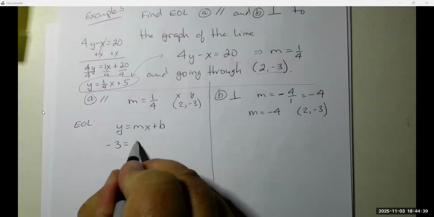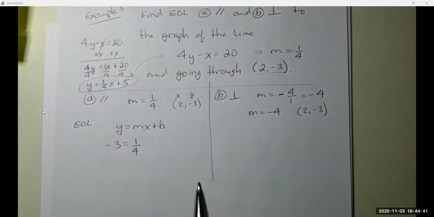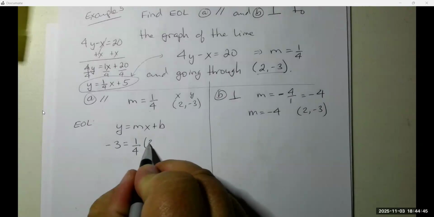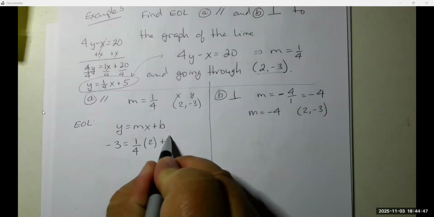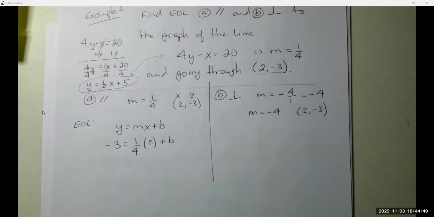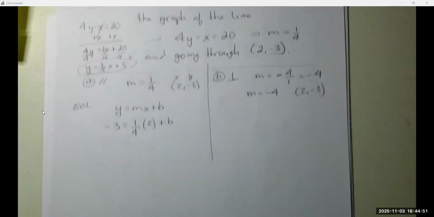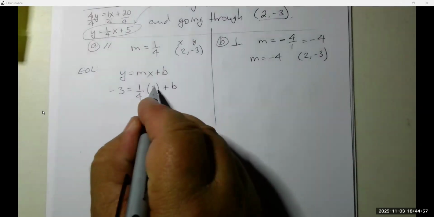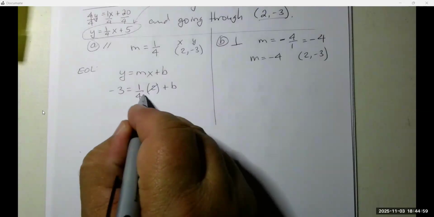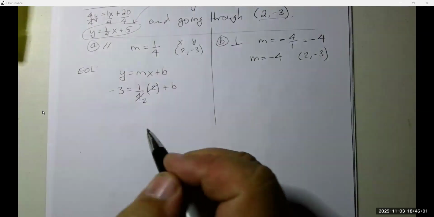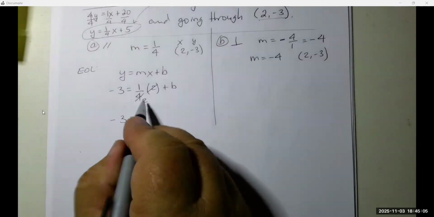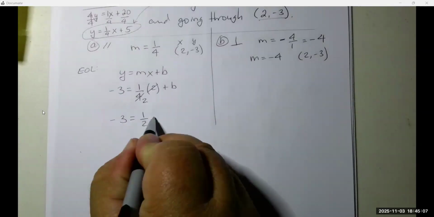The m value is 1/4. The x value is 2, plus b. Simplify first if we can. So the 2 goes into 4 twice. So we have -3 equals 1/2 plus b.